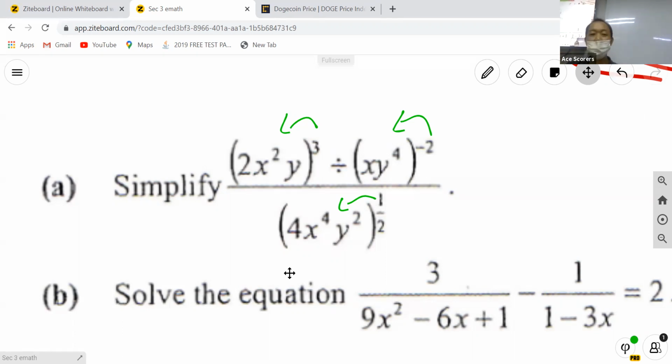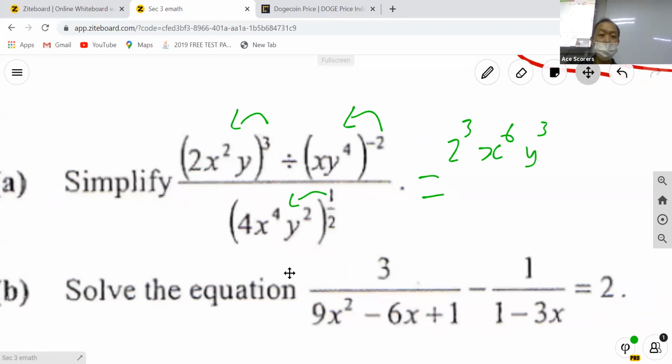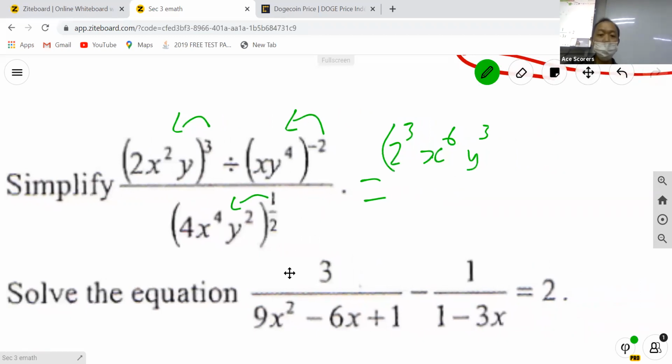Okay. All right. So anyway, let's look at this. So what we do is we bring in the power rule, right? So what do we get? So the first bracket we get 2 cubed x to the power 6 y cubed. Okay. So first thing. Now the bracket we can still leave it there. It's fine. Divided by, so x to the power minus 2, y to the power minus 8.